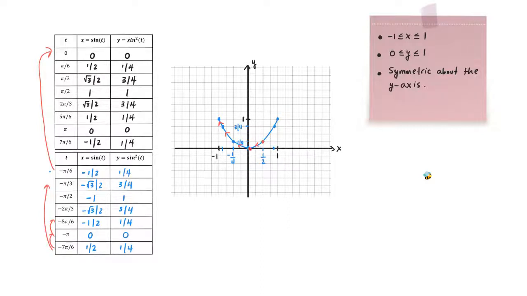So now from the origin, we go to (1/2, 1/4). And then at π/3, (√3/2, 3/4). So now we're going here. At π/2, (1, 1). Then at 2π/3, we are now going down to 3/4. And then we're going back to the origin. And then we're going here.